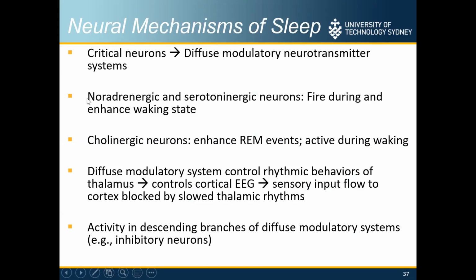Noradrenergic and serotonergic neurons fire heavily during the enhanced waking state, and cholinergic neurons have been implicated in the onset of REM sleep. So in situations where you have an active cortex, these diffuse modulatory systems have been implicated to be active.